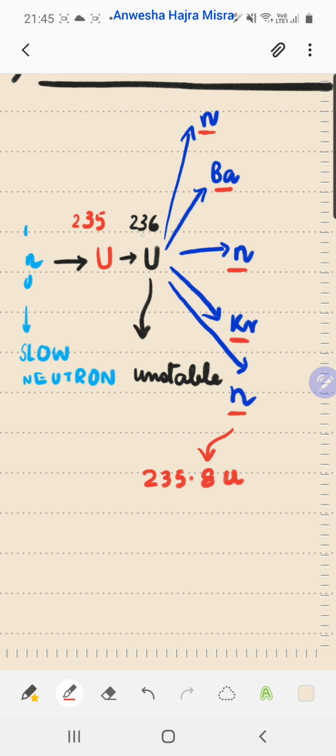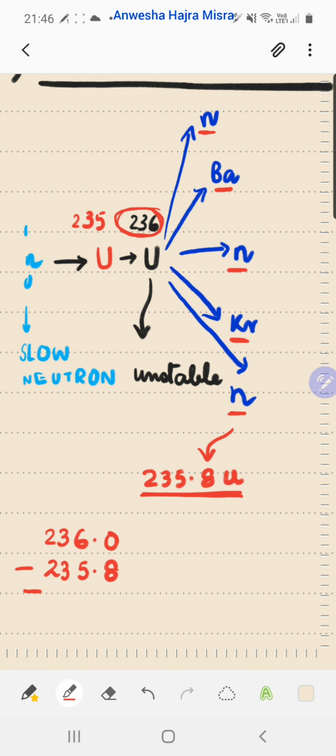But it is coming from 236. So where does this 236 minus 235.8, that is 0.2 atomic mass unit, vanish?